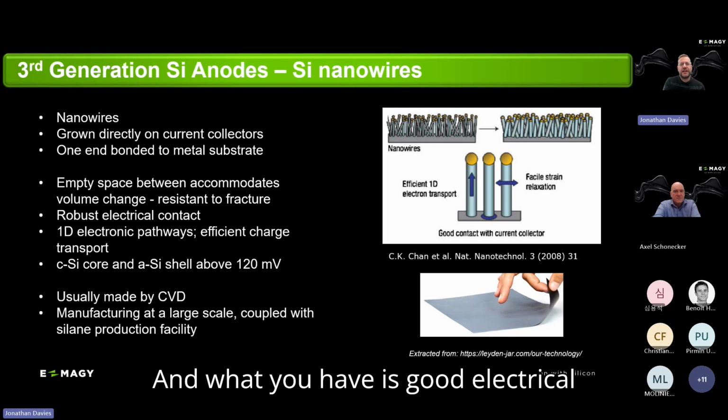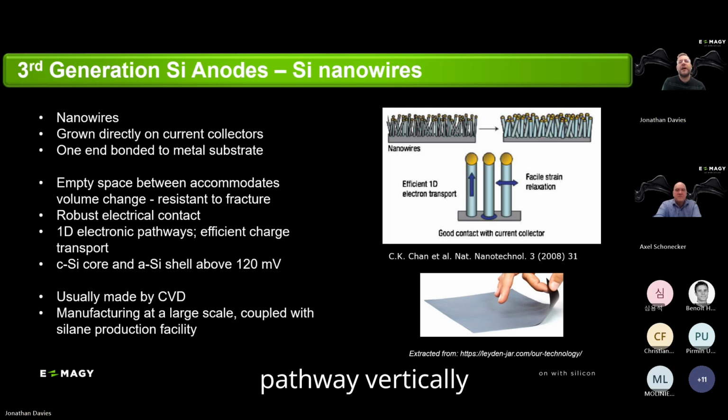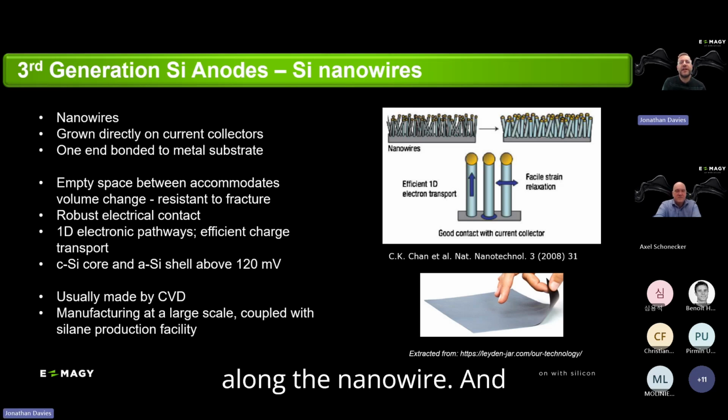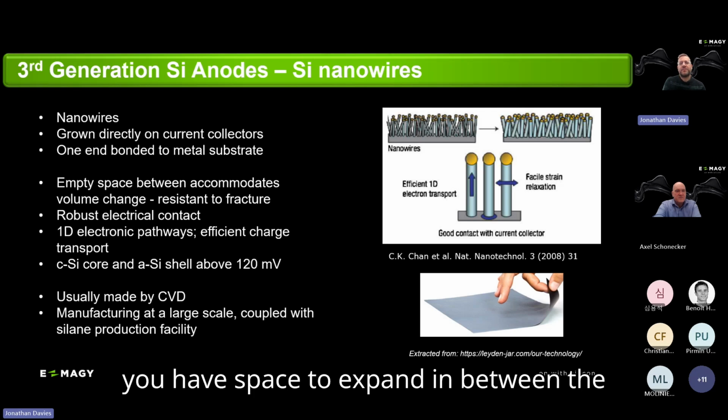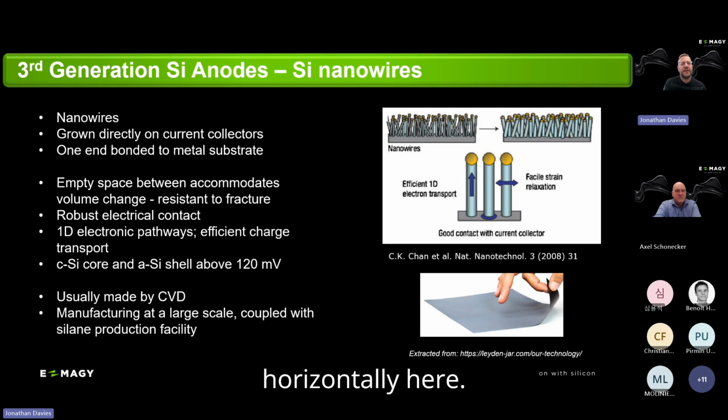And what you have is good electrical contact and a 1D electronic pathway vertically along the nanowire, and you have space to expand in between the nanowires, so the nanowires can relax horizontally here.